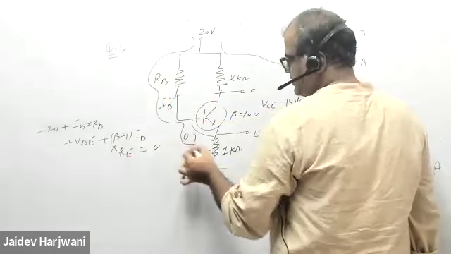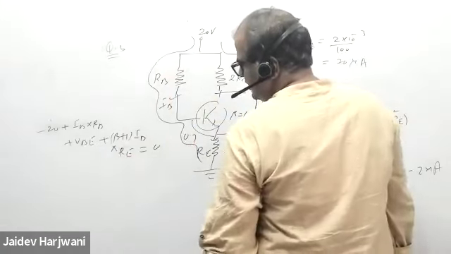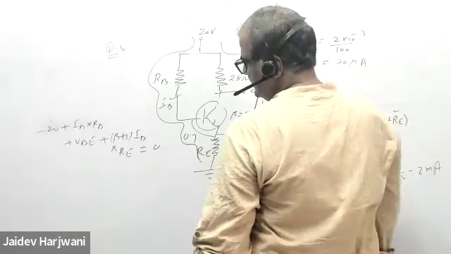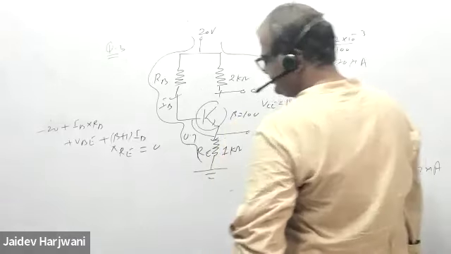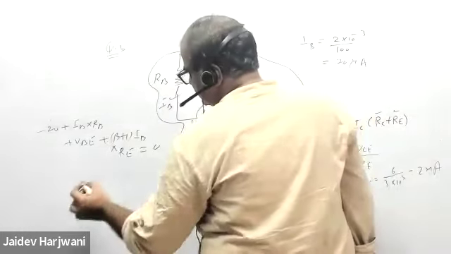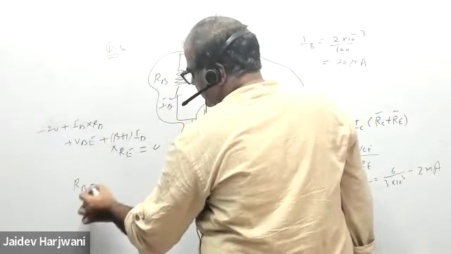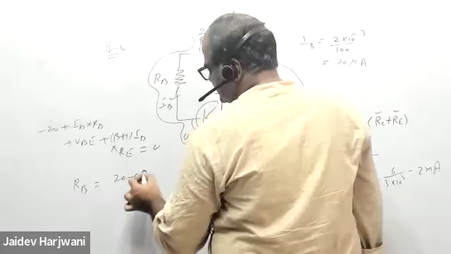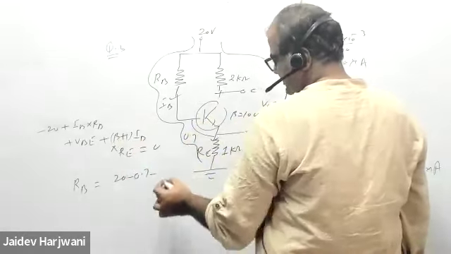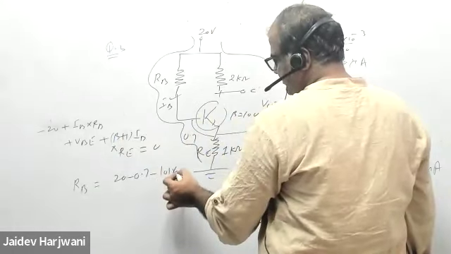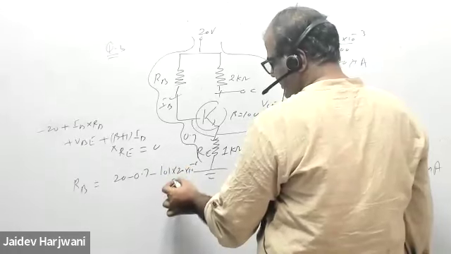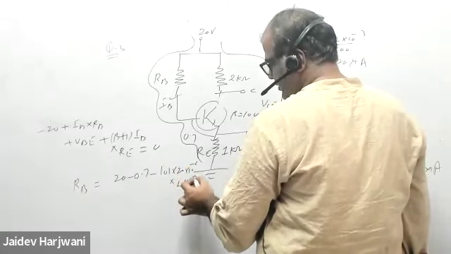So I want to find RB. IB is given, RE is given. Okay, I can find RB. So RB will be 20 minus 0.7 minus beta plus 1, that is 101, into IB, 20 microampere, into RE, 1 kilo ohm.